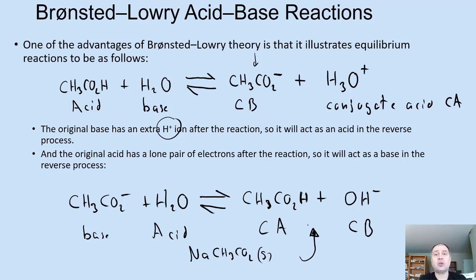So a solution of sodium acetate is going to be a basic solution because the acetate will act as a base and produce hydroxide ion. So that's another thing that you might want to keep in mind, that salts can be acids or bases depending on what ions they contain. Something like sodium chloride wouldn't be, okay?